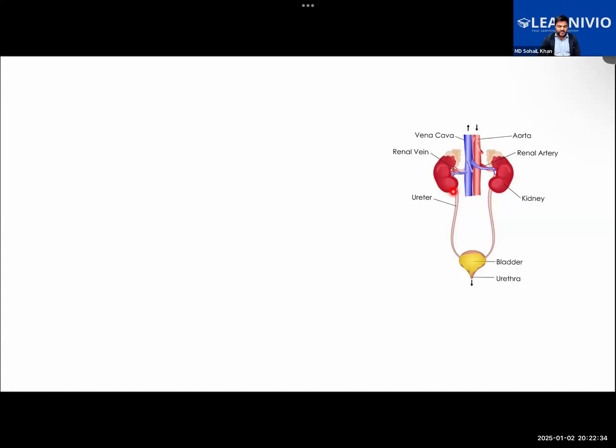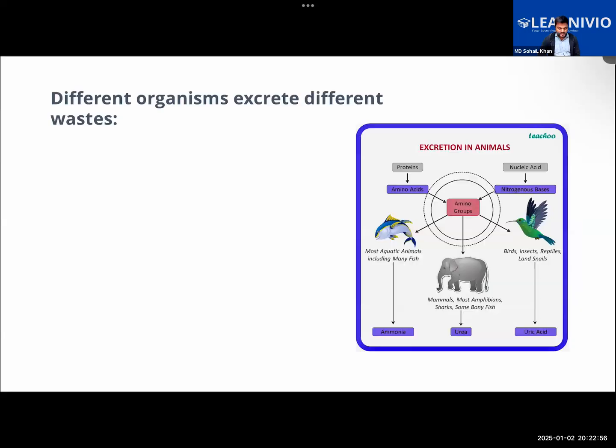The waste material filtered from the blood comes out to the urinary bladder via the ureter. So the ureter brings the urine to the urinary bladder, and when the bladder is filled, at regular intervals the person will have the urge to urinate, and the urine will come out via the urethra. The urethra is the opening from the bladder. So that's the excretory system in humans.